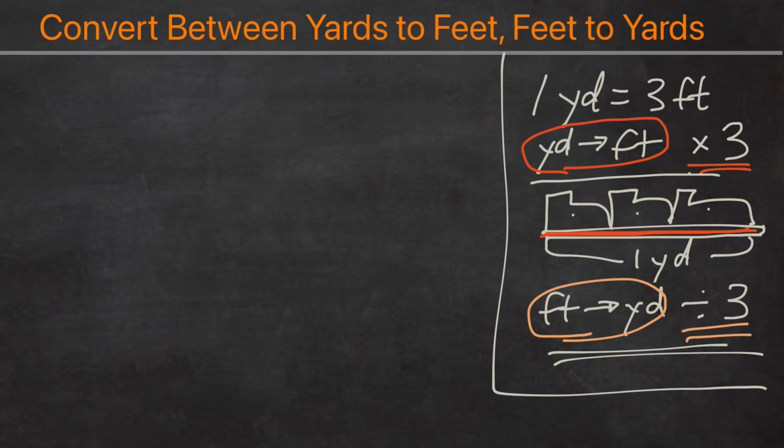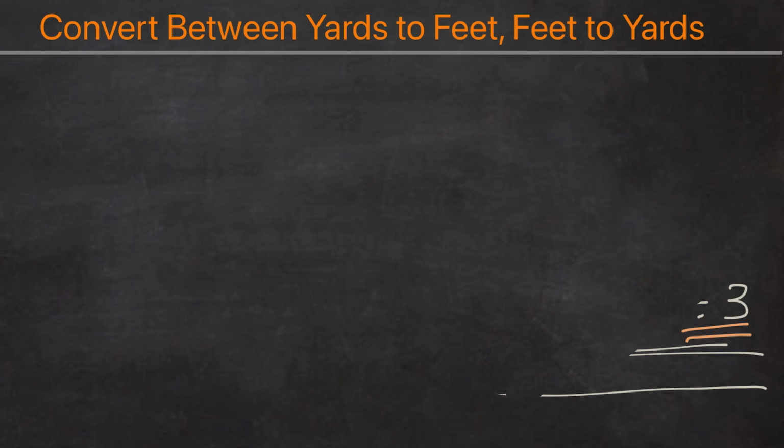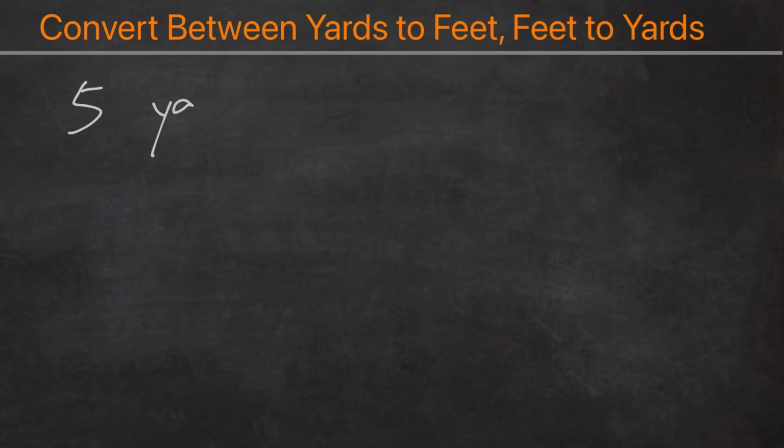Okay, and now comes the quiz. So I'm going to erase everything that you see on the right. The first one, 5 yards. We want to convert to feet. So now you can pause the video and solve the problem, and I will come back and reveal the answer in about 10 seconds.